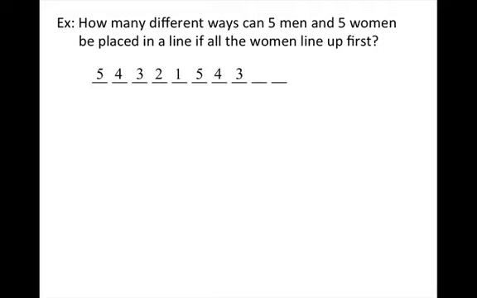And then likewise, I have 2 men left, and then 1 choice left for the final position. If I multiply these, that gives me 14,400 different possible lineups for putting the women first, followed by the men.